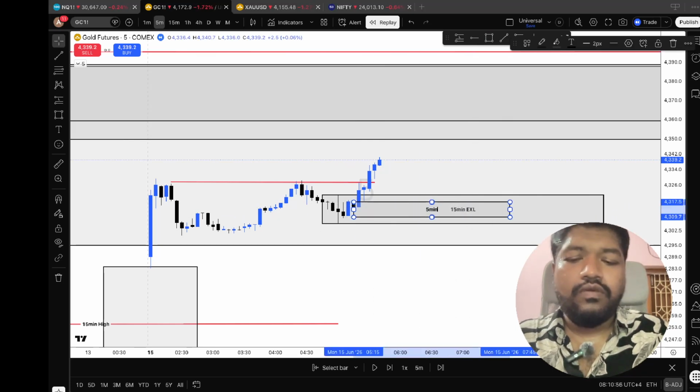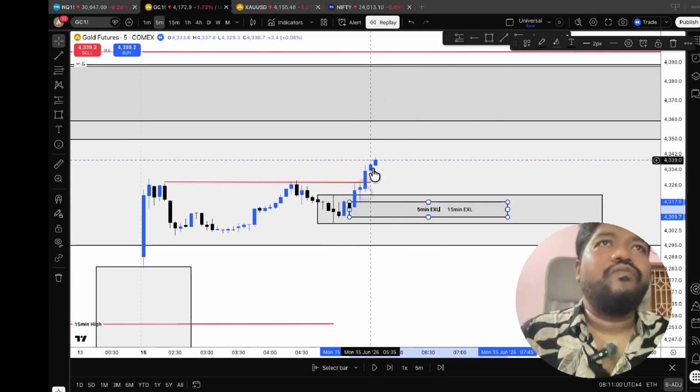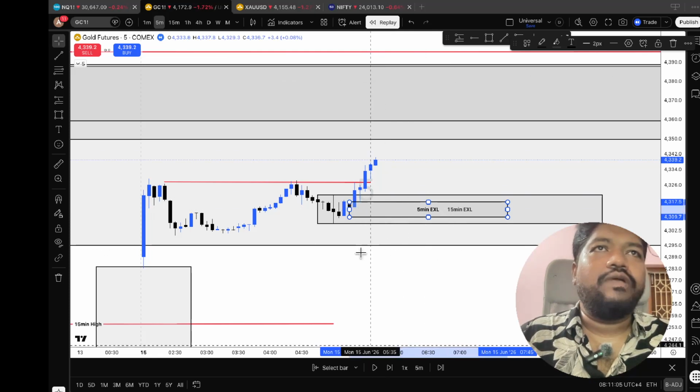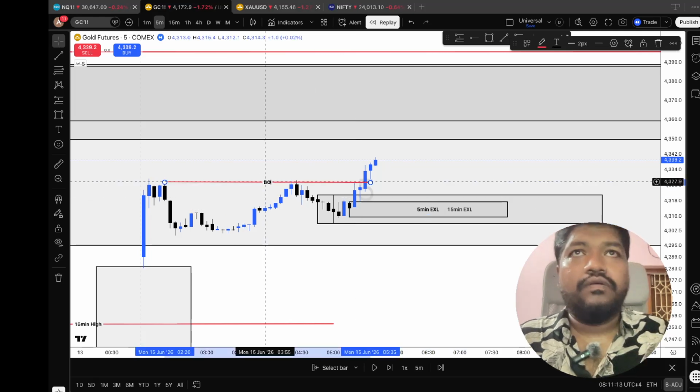Clear? I will look for a retracement, then I will go for a trade. I will not do a direct entry over here because the breakout zone is too far from this external zone. So this is my BO. Let me just highlight the BO.